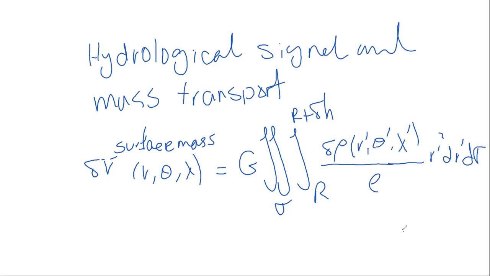So again, as you have already seen, this L, or 1 over L, can be expanded into the Legendre series. So I will write simply delta V of the surface mass.